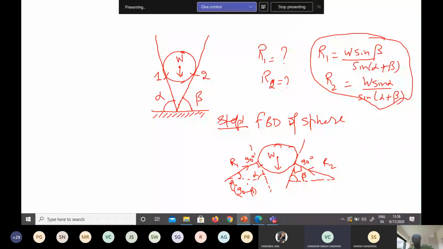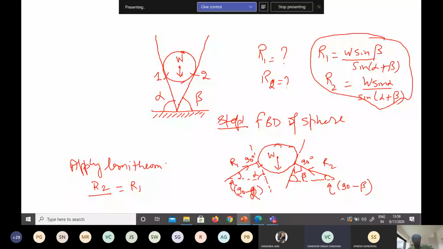Whoever has completed, very good. Who is not able to complete, just see it. This angle is how much? 90 minus beta. And here this is 90 minus alpha. So then apply Lami's theorem here. When you apply Lami's theorem, it is very simple: R2 upon sine, R1 upon sine, and W upon sine.